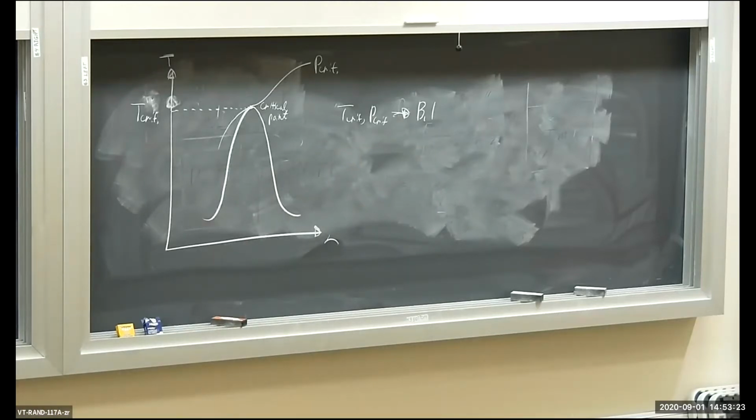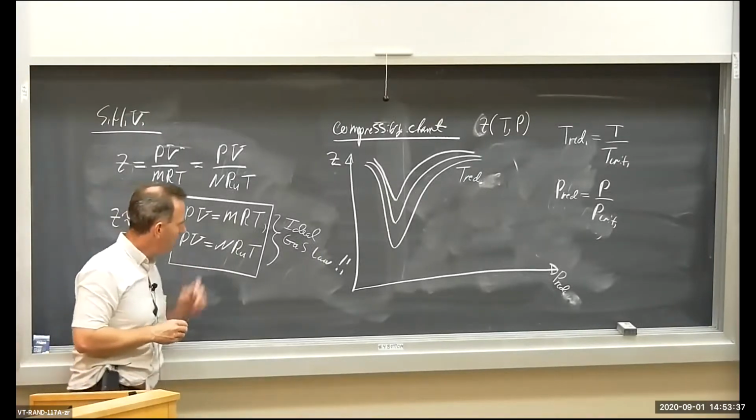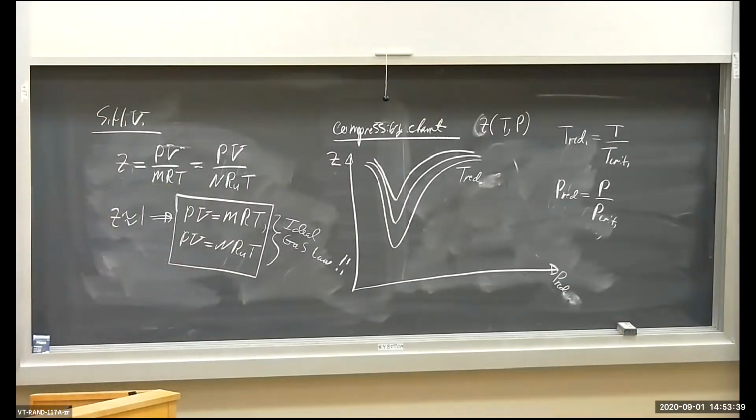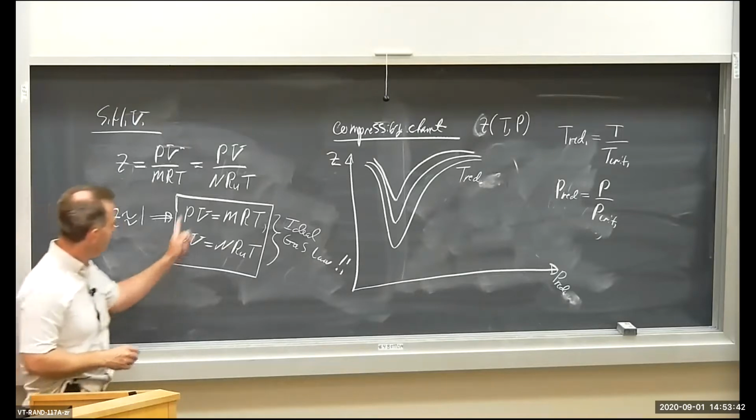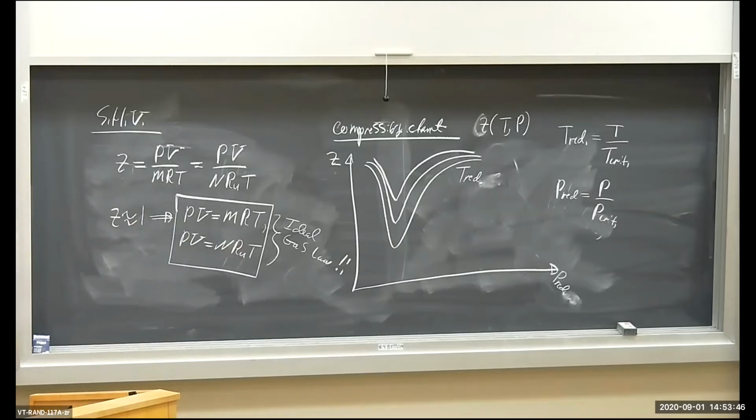Okay, let's figure out where the ideal gas law can be used. Where is the compressibility factor approximately equal to 1? That's the next question we have. When can we use this ideal gas law, Z approximately equal to 1? Makes our life so much easier if we can assume this relationship between pressure, temperature, volume, and mass, okay?